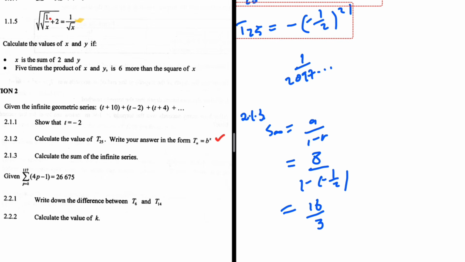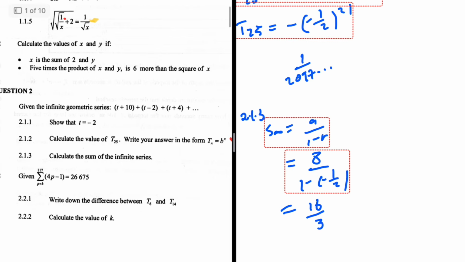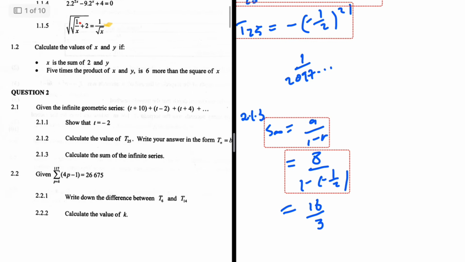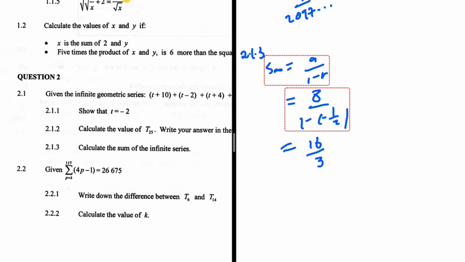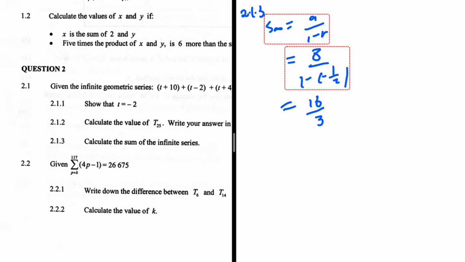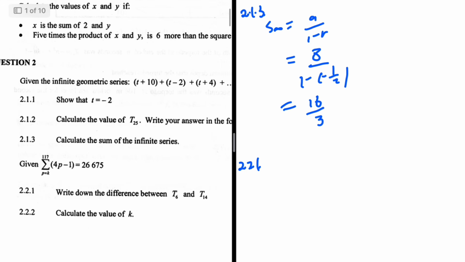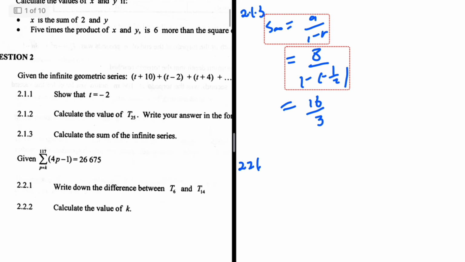Let's take a look at 2.2. I've been doing this kind of question a lot in recent times as we were preparing for the final exam. But anyway, 2.2.1, we have the sigma notation there. Write down the difference between T6 and T14. The question says write down.